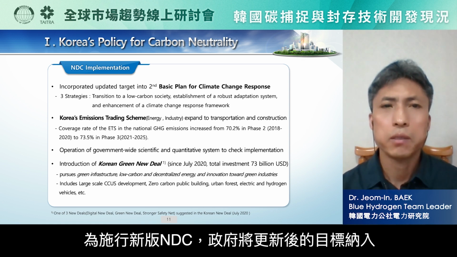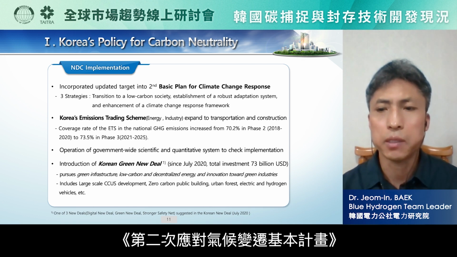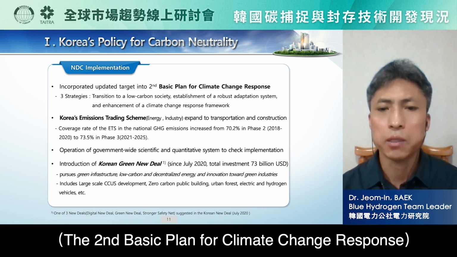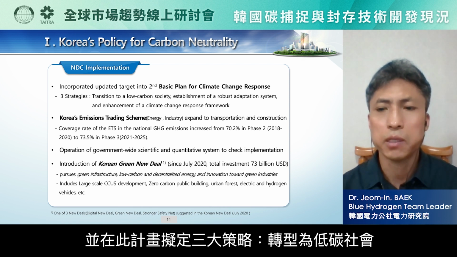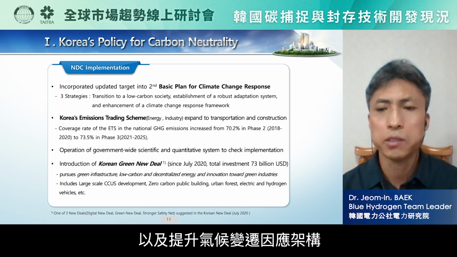To implement the new NDC, the government incorporated the updated target into the second basic plan for climate change response, and three strategies: transition to a low-carbon society, establishment of a robust adaptation system, and enhancement of climate change response framework were made in this plan.